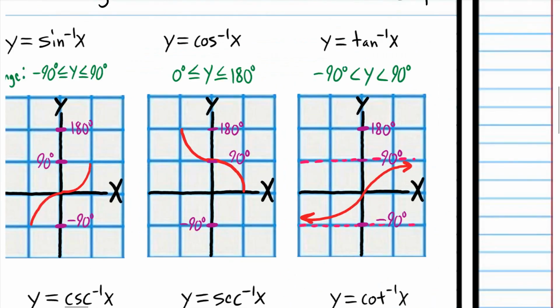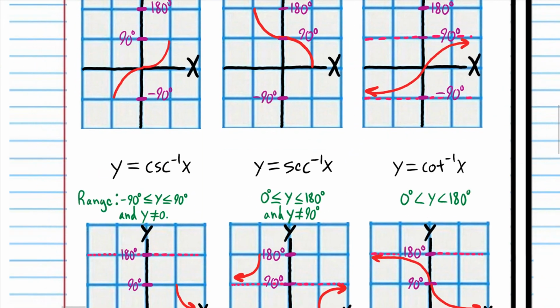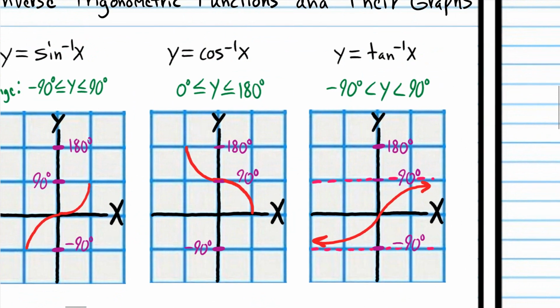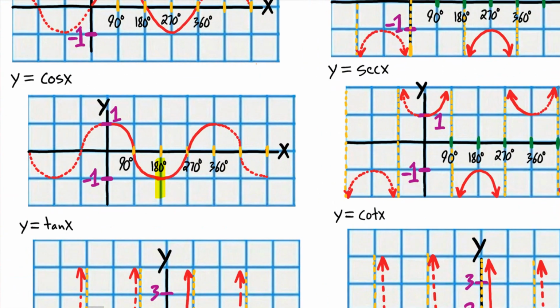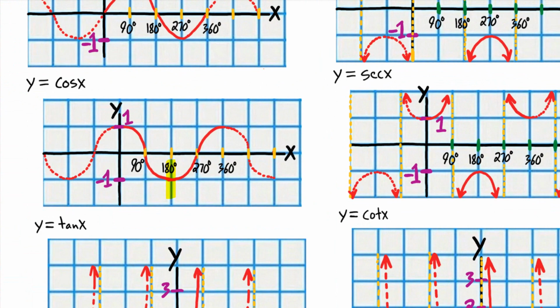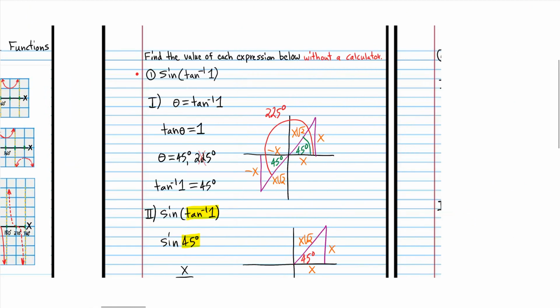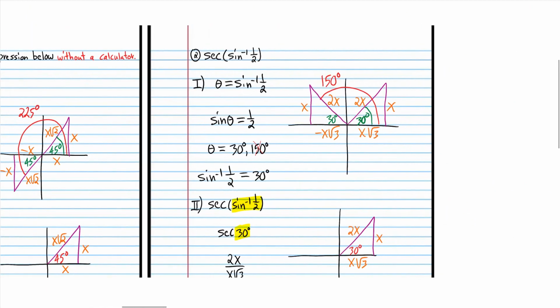But if you look at the restrictions for the cosine inverse curve, the restrictions tell us the value of cosine inverse has to be between 0 and 180 degrees, or equal to 180 degrees. So it looks like 180 is going to be what we're looking for. That's the angle that corresponds to the y value of -1.